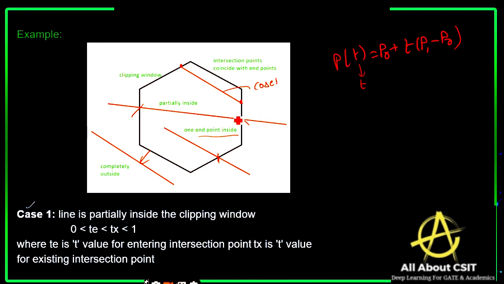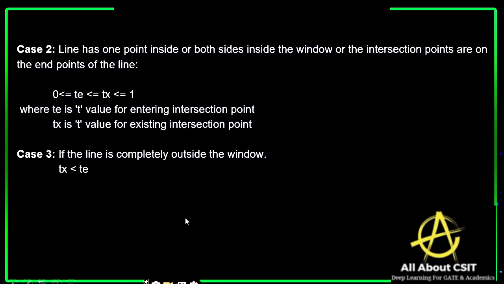Case 1, the line is partially inside the clipping window. Then the condition is 0 is less than te, the time at entry, less than tx, the time at exit, less than 1, where te is the entering intersection point and tx is the exiting intersection point. Suppose the line has one point inside, or both inside the window, or the intersection points are at the end.